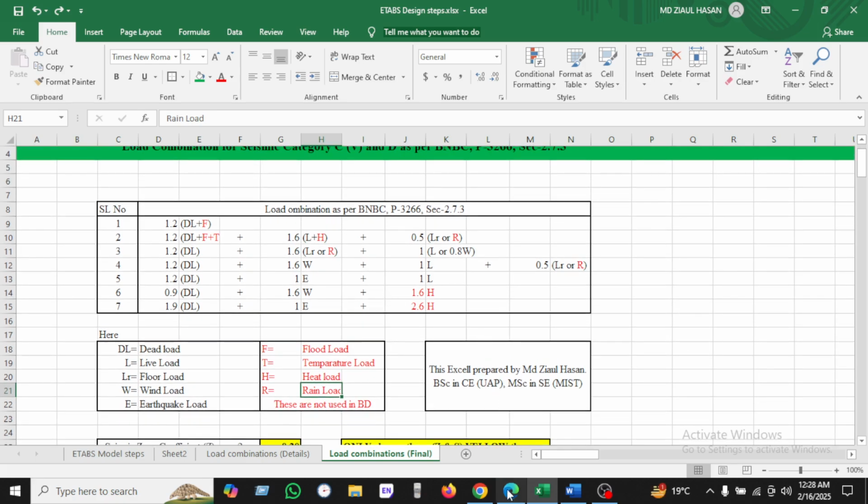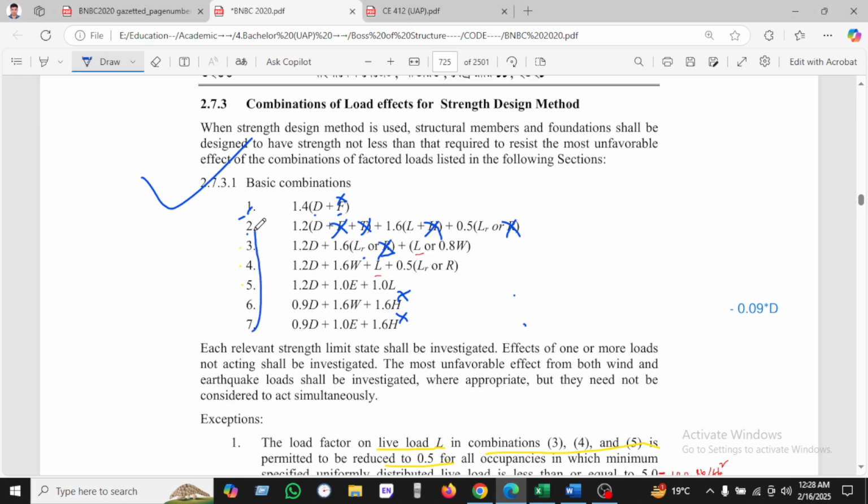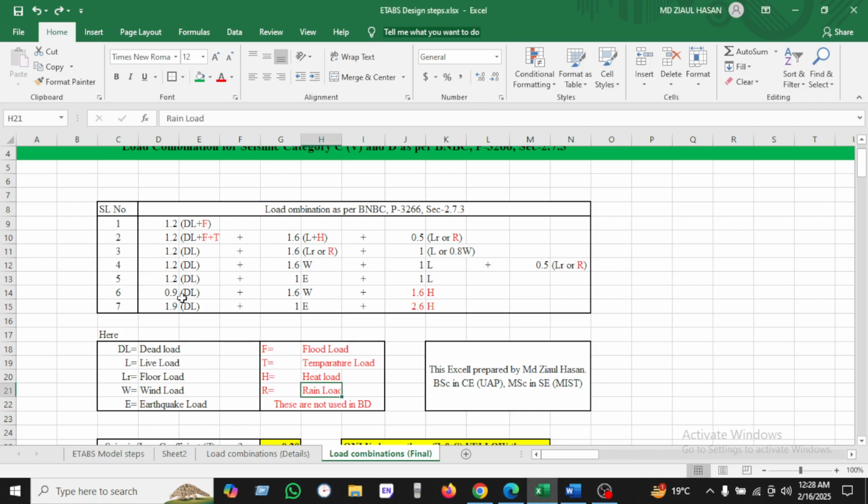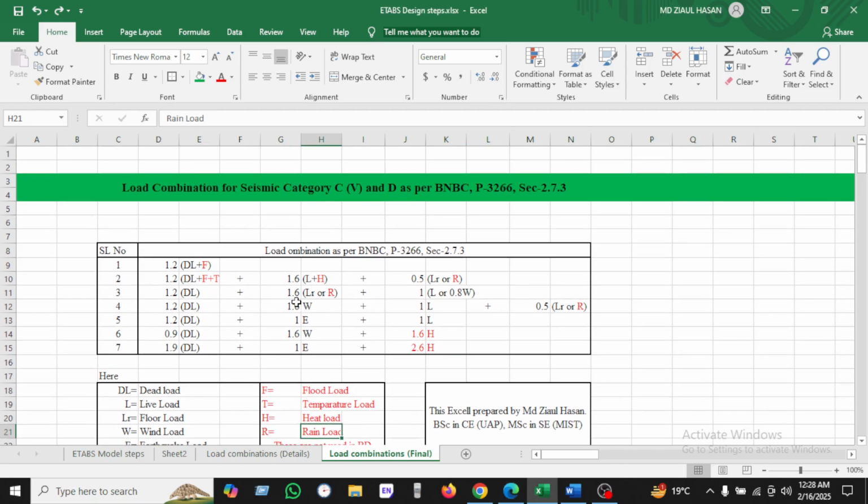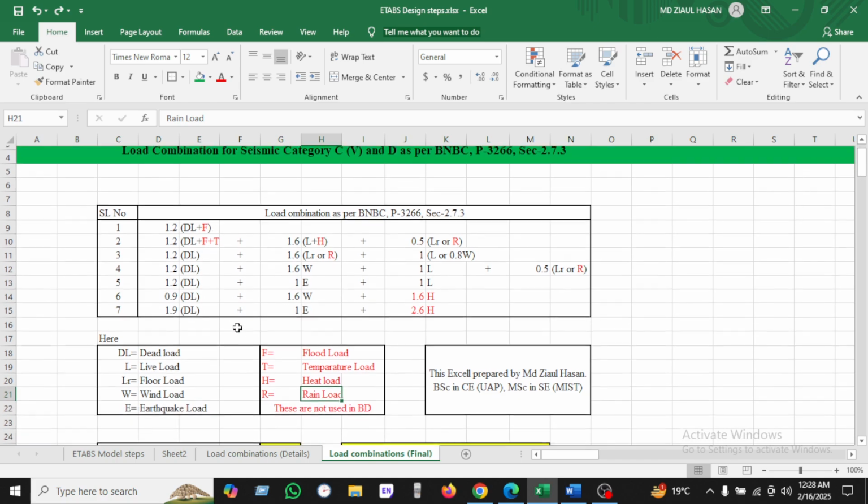Okay, so I'm taking these 7 load combinations here.